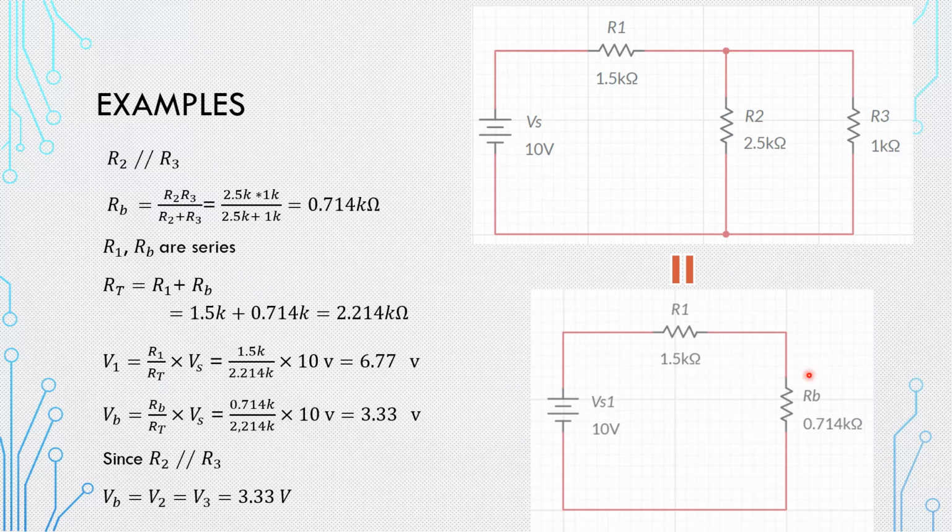Since I know the voltage for this one, then based on the connection of these two, since they are in parallel, I can say that they have the same voltage. That's why I can say that VB equals V2 equals V3, and this should be 3.3. If you look at the summation, you can see that 3.33 plus 6.77 is equal to the source. So this is another piece of information you can keep in mind.